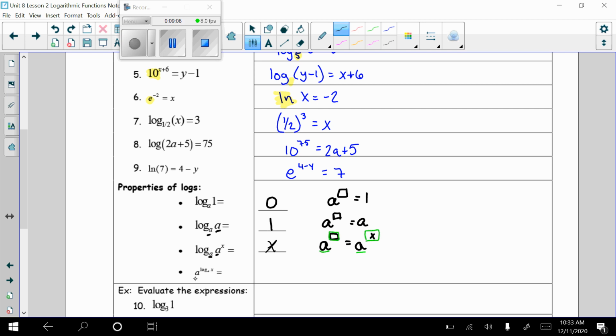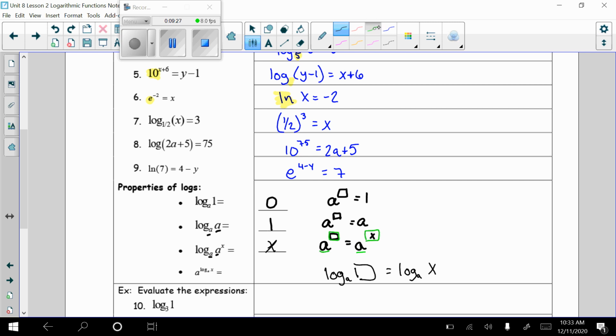And then last, we have a to the log base a of x is equal to what? This is the same as taking log base a of something to equal log base a of x.